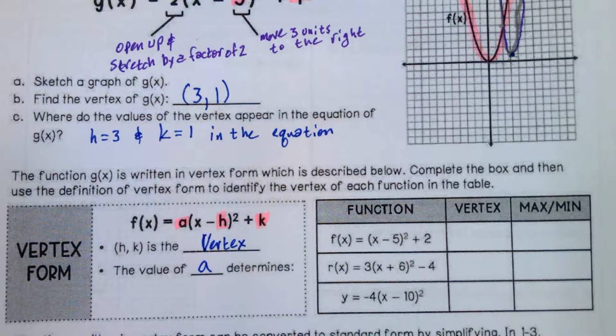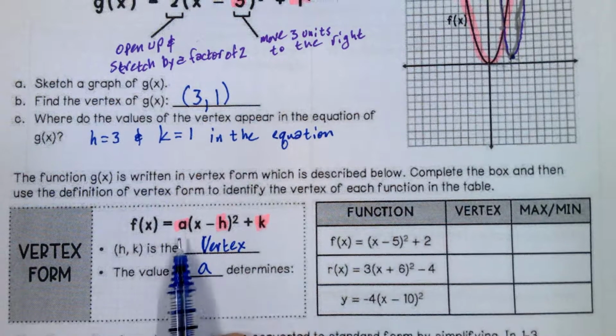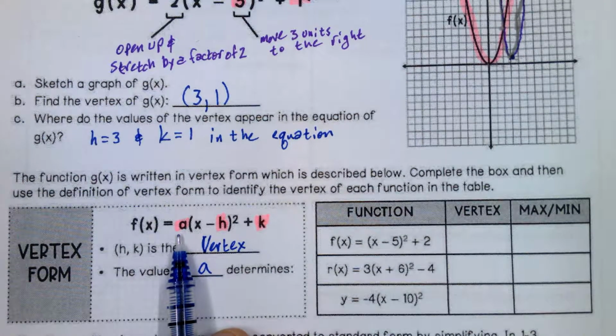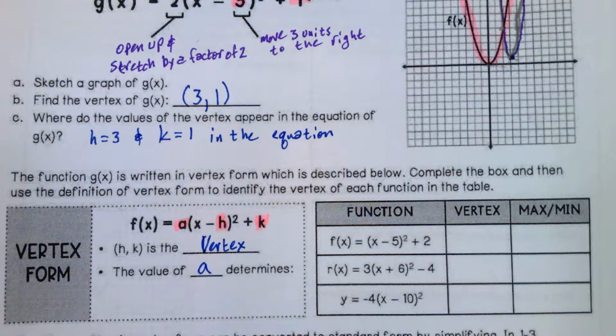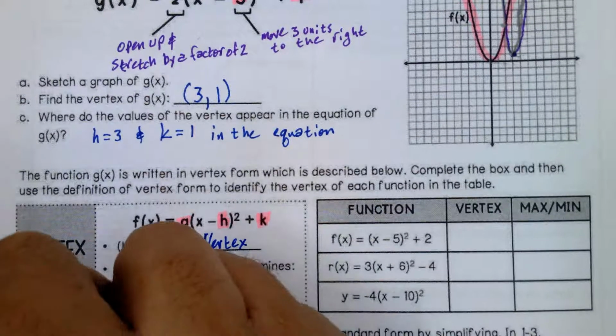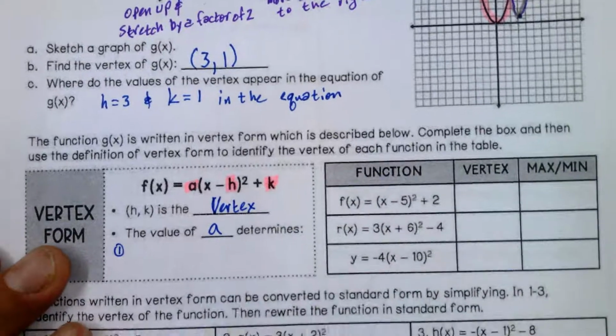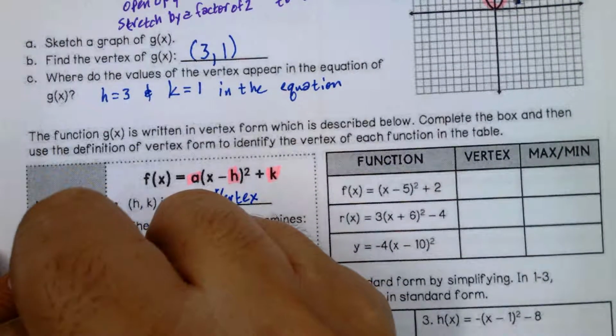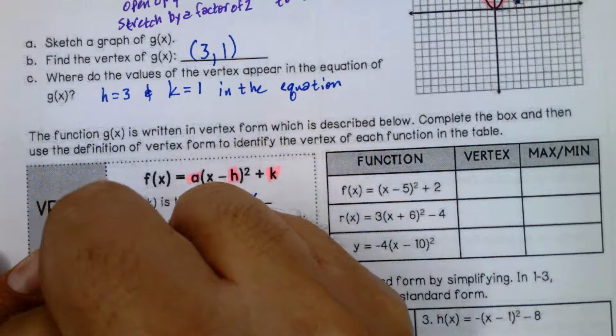Anything else? What if it's positive or negative? Yeah, how it opens. It either opens up or down. So the 2 things that it's going to tell us is which way the parabola opens. So it determines which way the parabola opens.